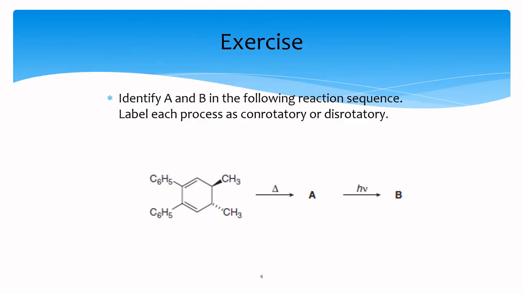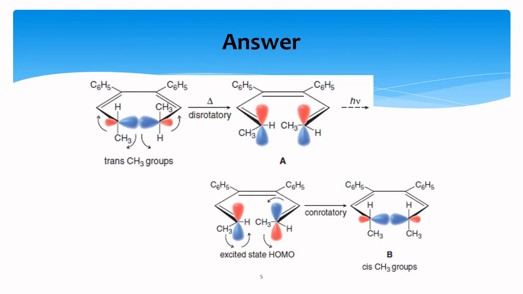Okay, let's take a look at the example here. We need to identify compound A and compound B, and then label each process as conrotatory or disrotatory. For this question, it is a bit different because it involves ring opening.